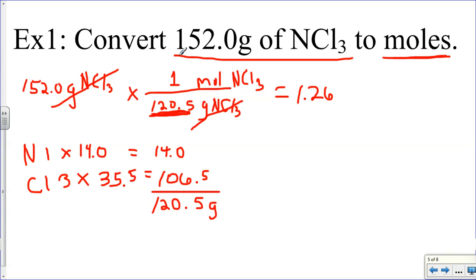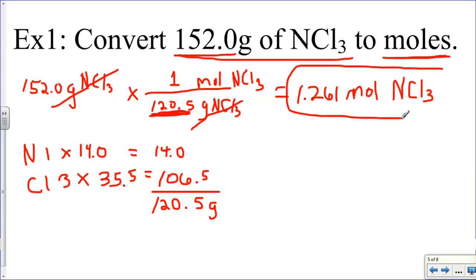We really should have 4 because this is in 4. So I guess to be proper, 1.261, and the unit is the mole, and our substance, NCl3.